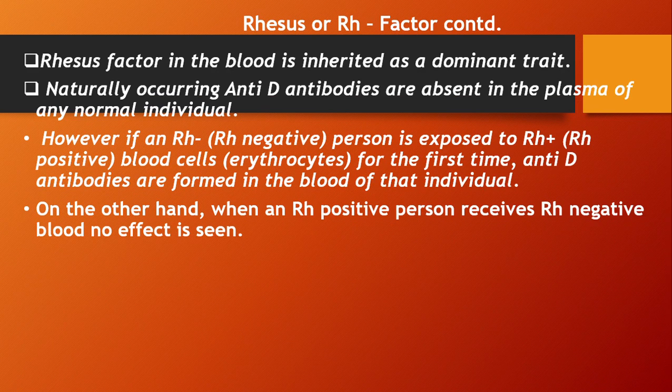Naturally occurring anti-D antibodies are absent in the plasma of any normal individual. This is important information. You have to remember that for antigen D, no antibodies are present in the plasma. For antigen A, antibody B is present in plasma, as we learnt already. Likewise, for antigen B present on the surface of the RBC, antibody A is present in plasma. But for antigen D, no antibodies are present in plasma.